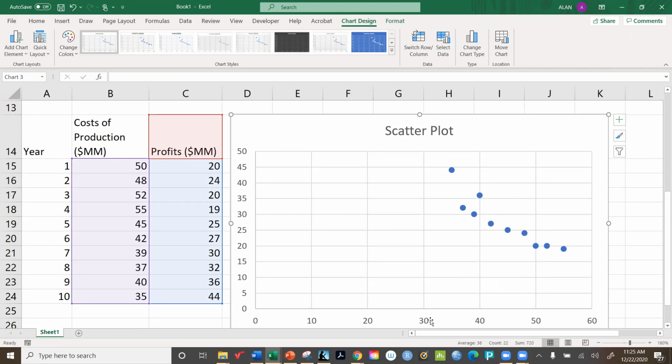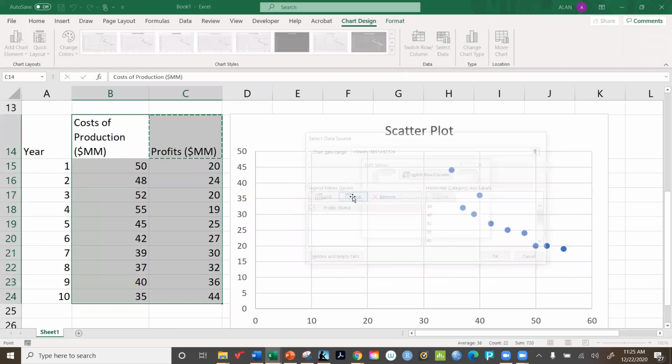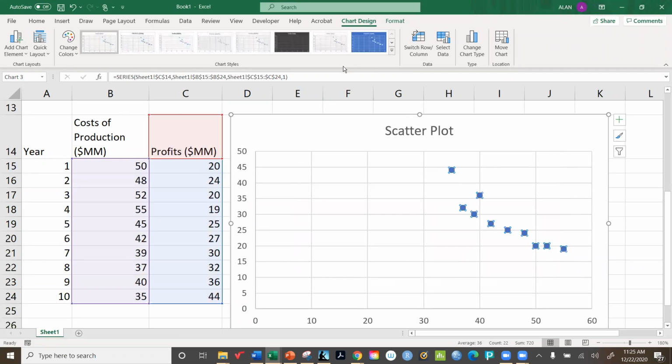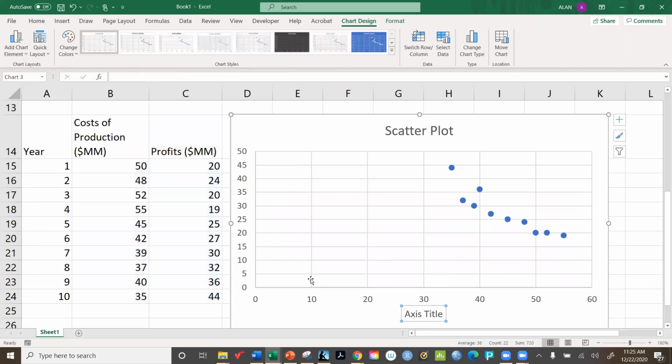Anyway, so let's label this. These are cost of production. Let me just double check this. Yeah, that's fine. All right, so we're just going to put some labels on here. The horizontal axis is cost of production instead of sales.